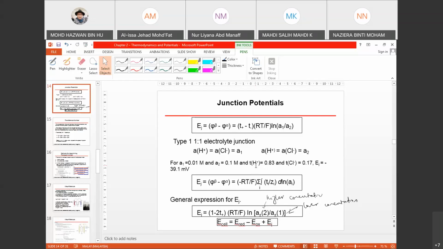Some practicals for junction potential, for example, have been taught during undergraduates, but I'm not sure whether you have learned it or not. If you also want to do a junction potential experiment, then maybe we can think about that. But so far the requirement is only 1 lab report for my part, and Dr. Faiz also 1. So I think maybe we don't have to do too many labs for this course.